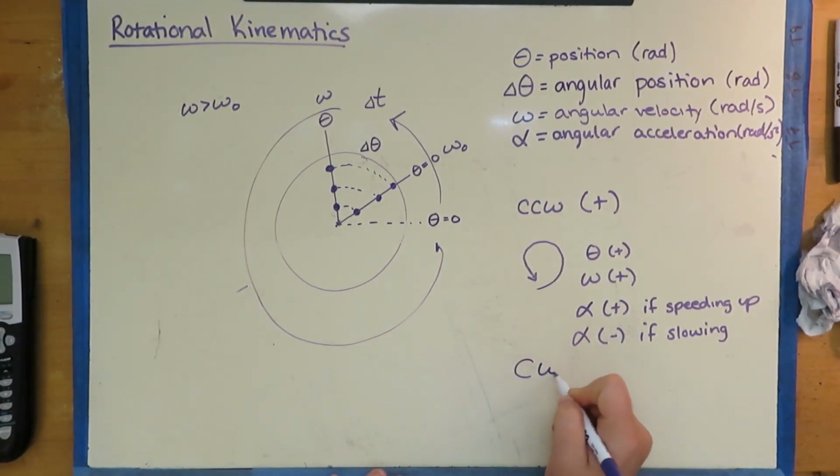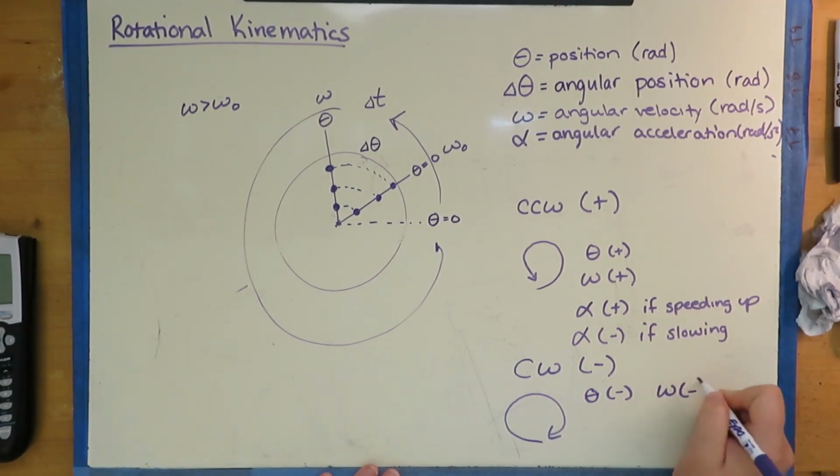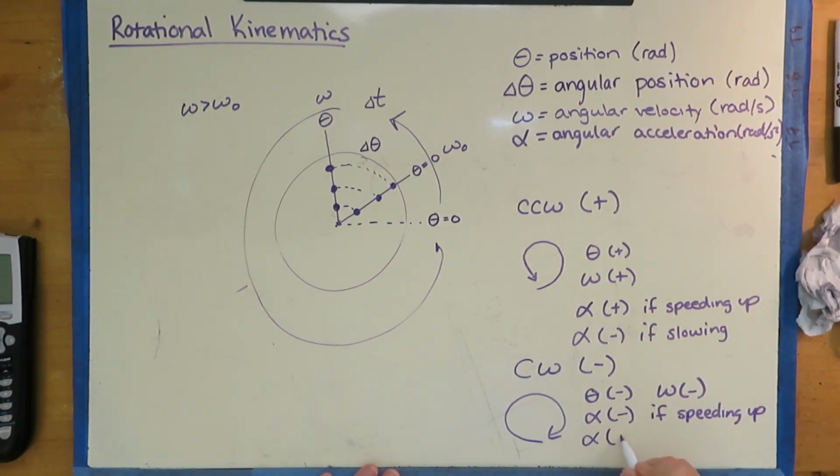If you're moving in the clockwise direction, we define that as negative. In that case, theta would be negative, omega would be negative, and alpha would be negative if you're speeding up, and alpha would be positive if you are slowing.